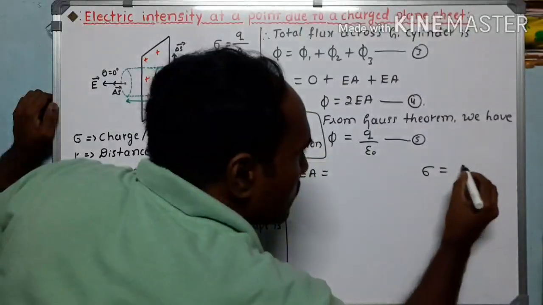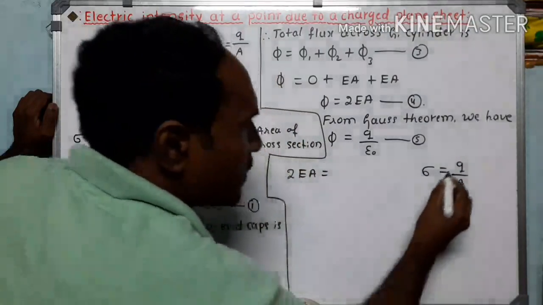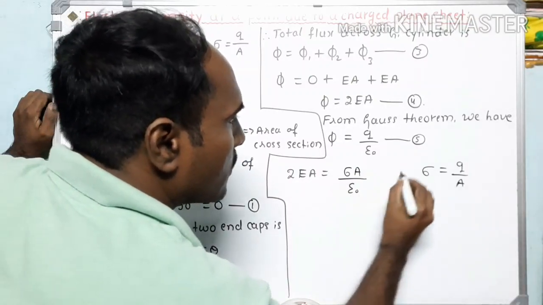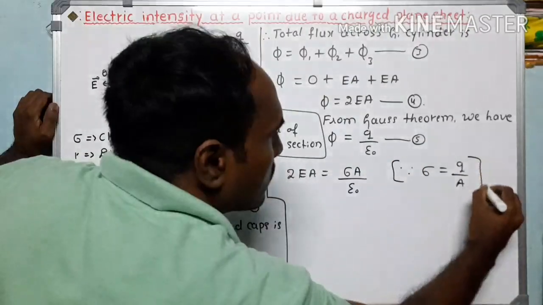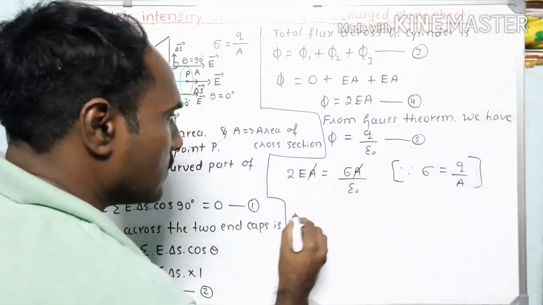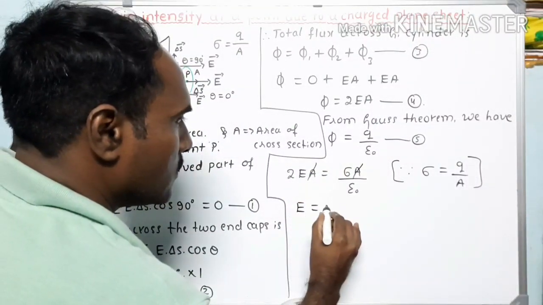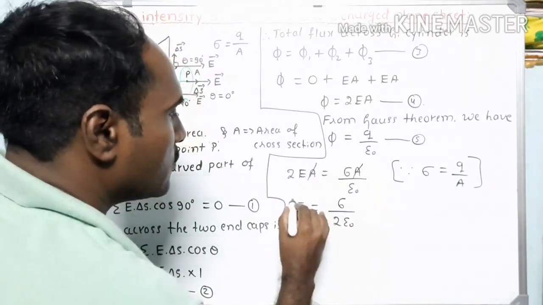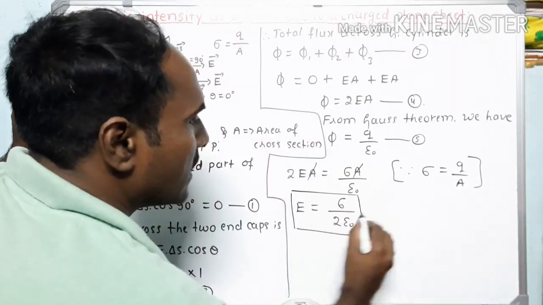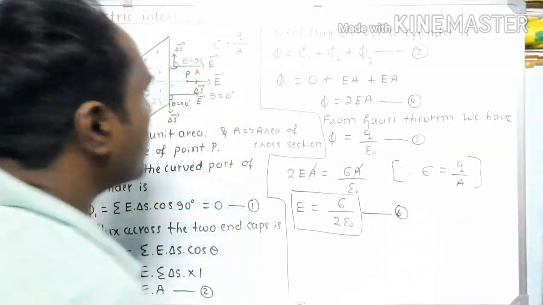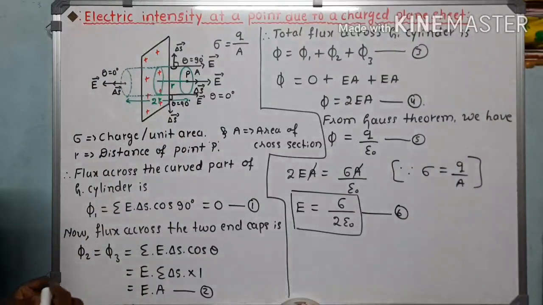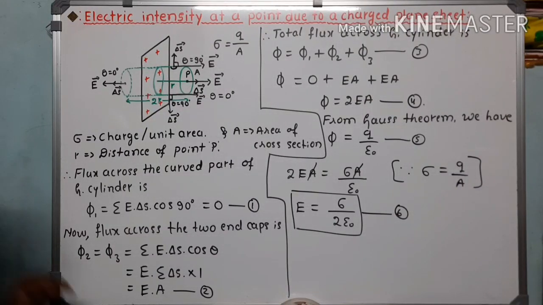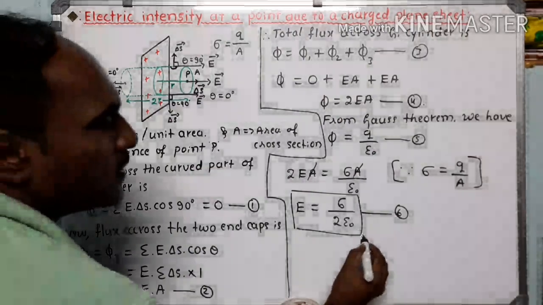Surface charge density sigma is equal to Q upon A. Therefore Q is equal to sigma into A divided by epsilon naught. Getting the idea? A cancels. Therefore E is equal to sigma divided by 2 epsilon naught. This is the electric intensity at a point P due to the charged plane sheet having surface charge density sigma. This is also for 5 marks. Please make it perfect.